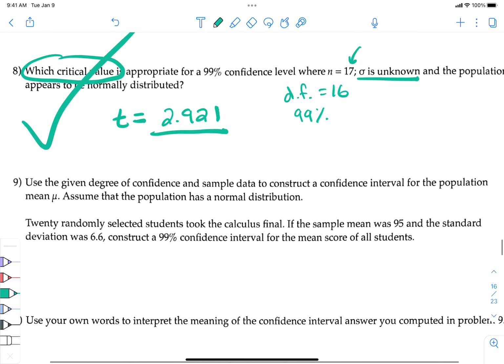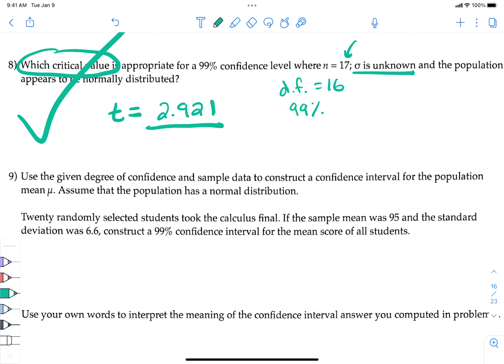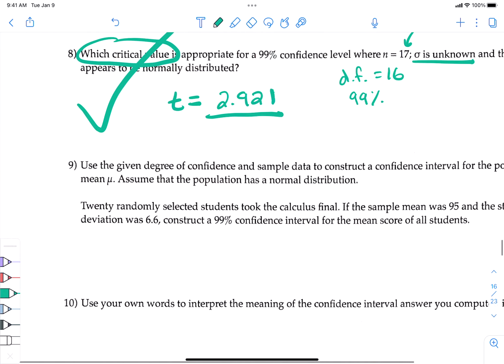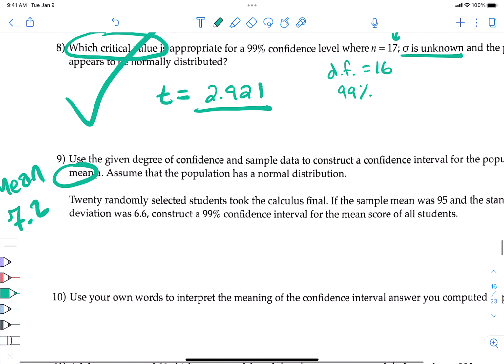Okay, let's go to number 9. Use the given degree of confidence to construct a confidence interval for the population mean. This is a mean. This is section 7.2. And then we have to decide, are we going to use T or Z? Do you want to figure that out, or you want to try to do it on your own? Figure it out. T or Z. Okay, 20 randomly selected students. That means N is 20. So we're not yet at 30.